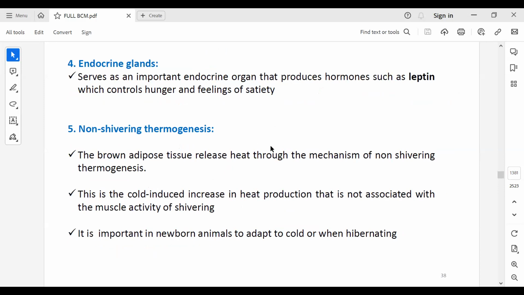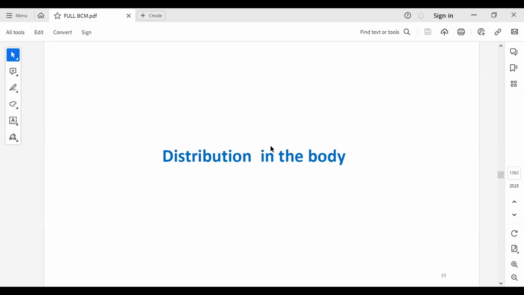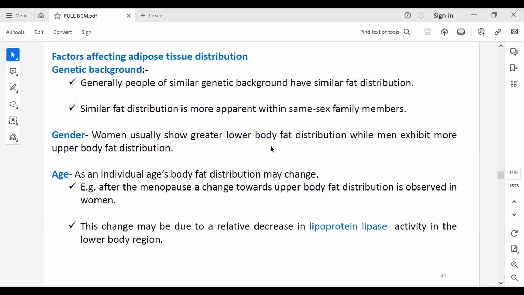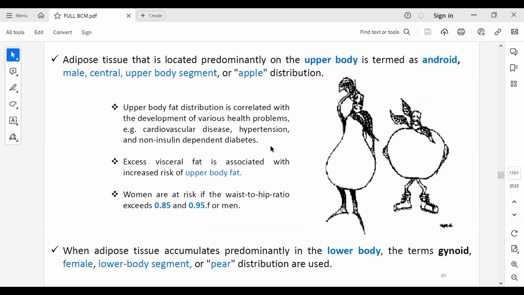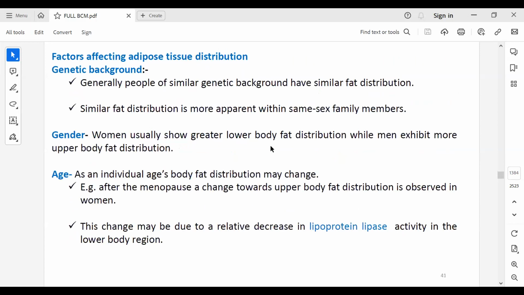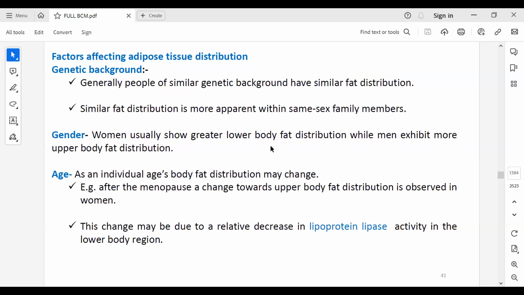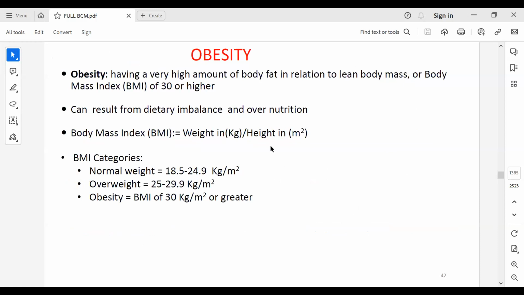Also there is non-shivering thermogenesis for the babies. Factors affecting this distribution are genetic factors, gender and age, obesity and BMI.